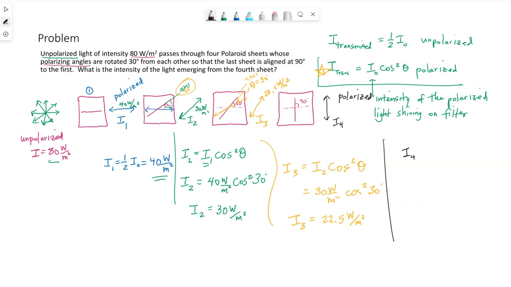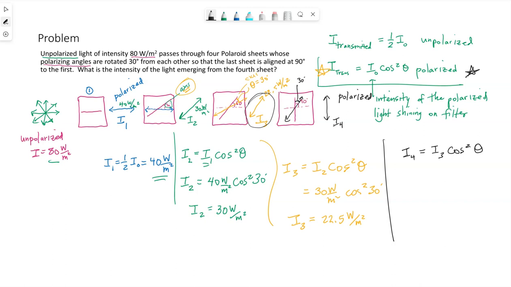For the intensity of the light, we use the second equation again. We need the intensity of the light as it shines on this filter times the cosine squared of the angle between how this light is polarized and the axis of the filter.